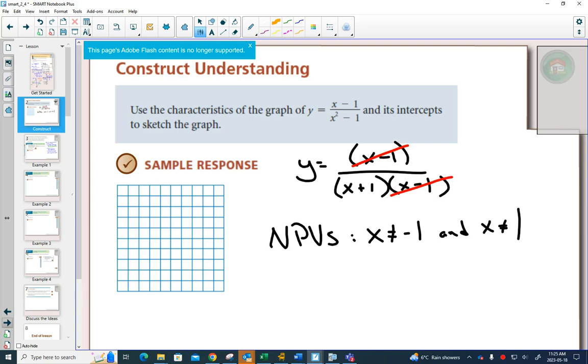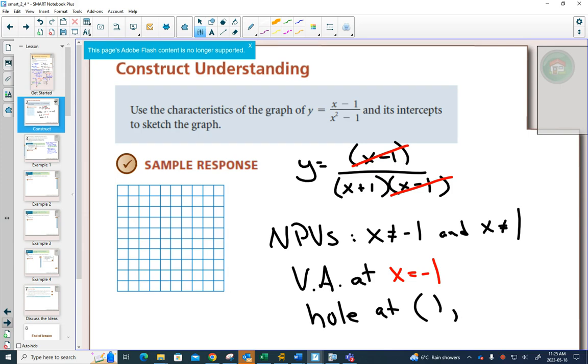The -1, the one that doesn't cancel out, will become a vertical asymptote. The one that does cancel out will have a hole. And it will have a hole when the x-coordinate is that non-permissible value of 1.